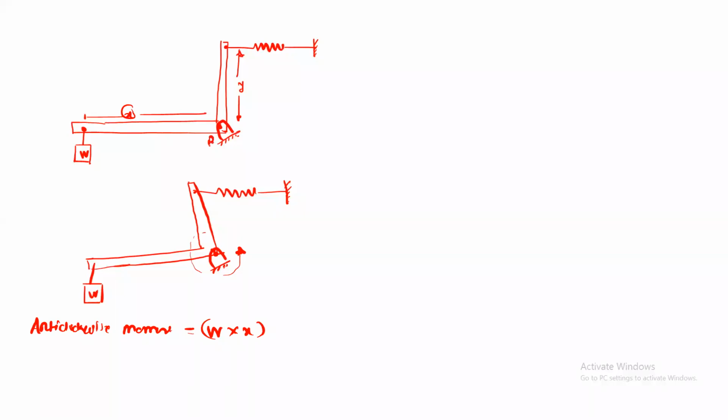Suppose this point is B and this is C. So W into X is the anti-clockwise moment. Now we need to create one moment in the clockwise direction, which will be equal to W into X. This is done by creating the tension in this cable or in this spring. So this is the spring balance.